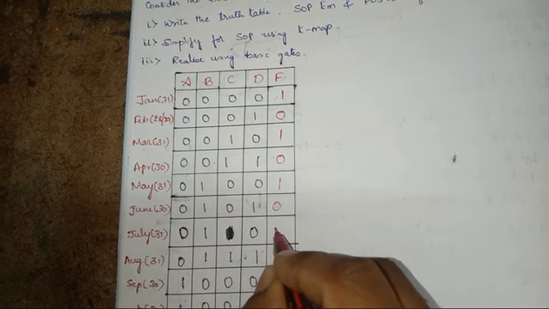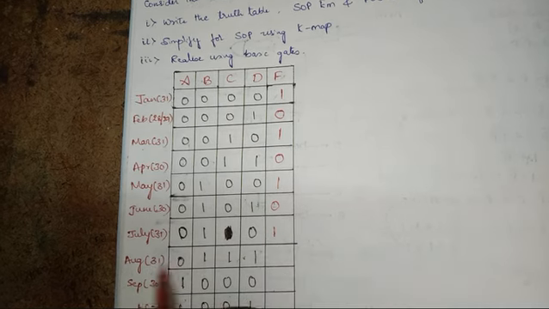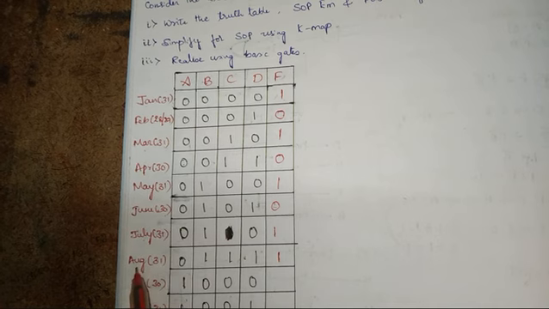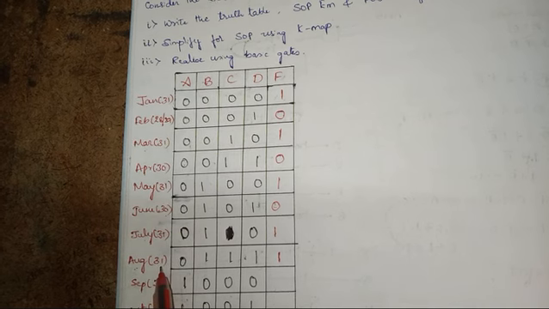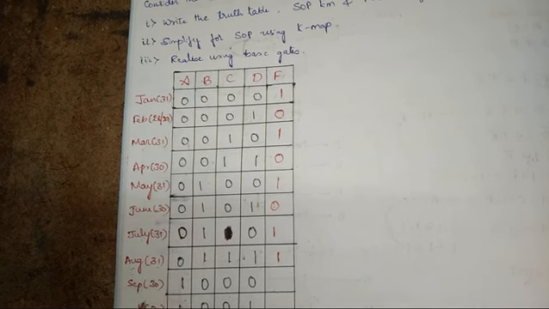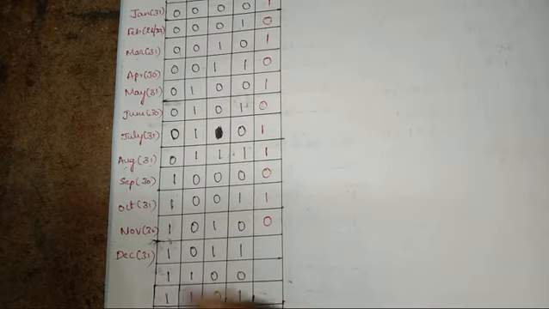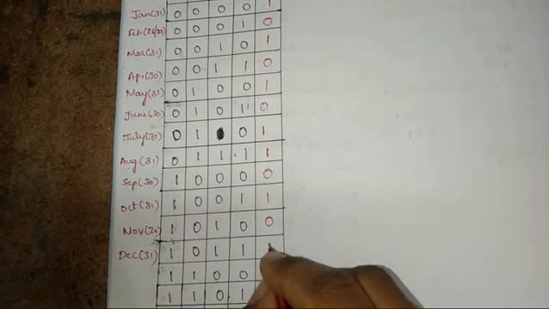For July it is 1. For August it is 1. See here, July has 31, whereas the very next month, August, also has 31 days in it. Next, September has 30 days, so it is 0; October is 1, November 0, and next December is 1.